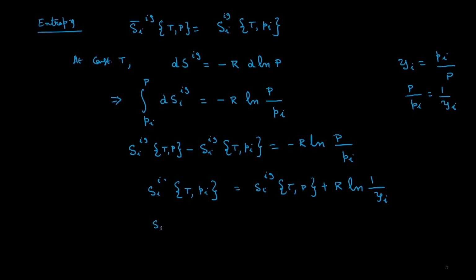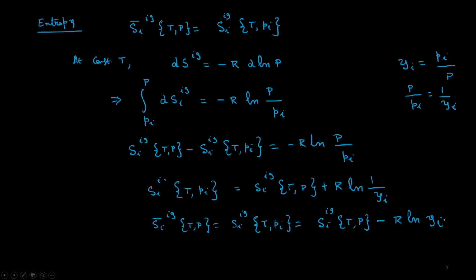So Si bar IG at T and P will be Si, the pure component value at T and Pi, which is now the pure component value at T and P, minus R ln Yi.